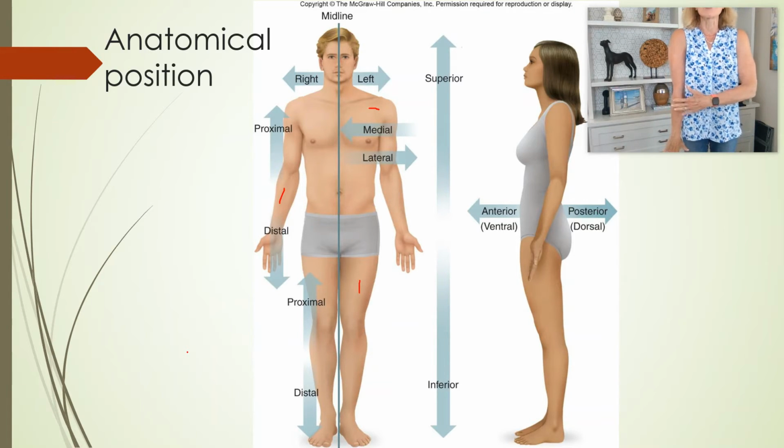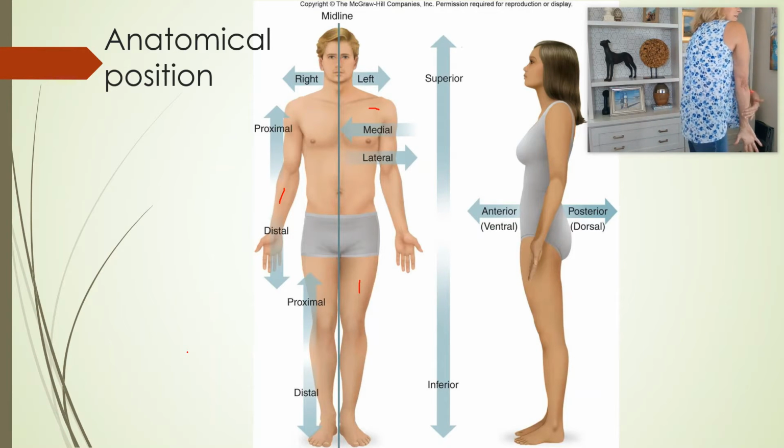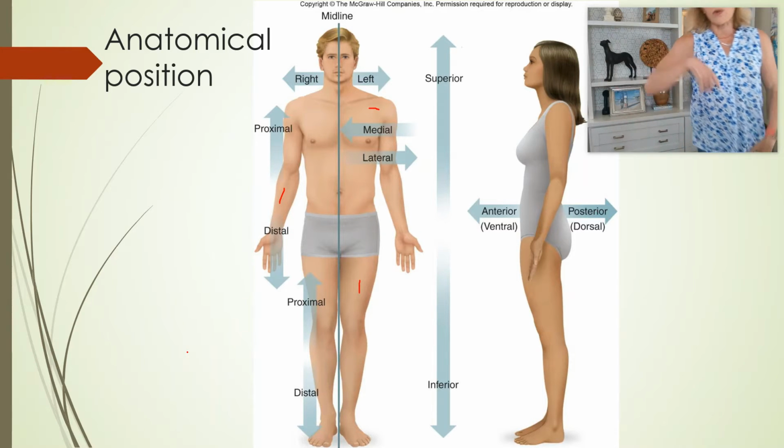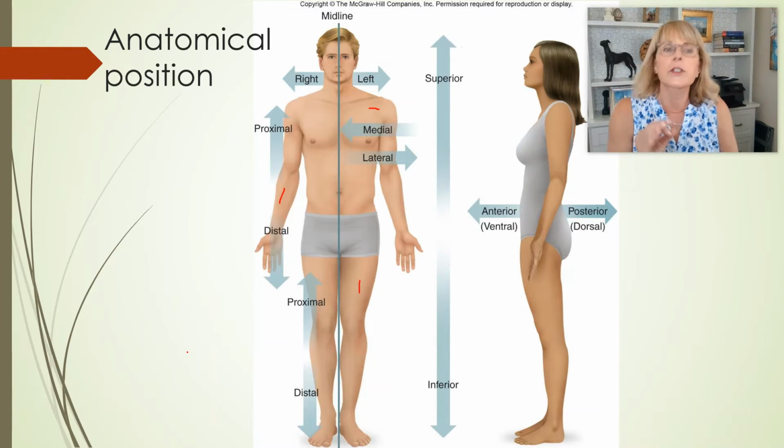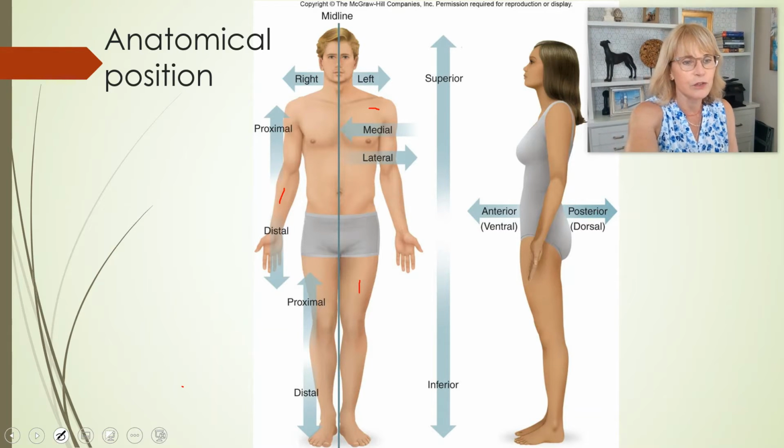So then that makes this the front of my forearm, and that makes this the back of my forearm. But that's not the way they set things up. They set things up so that the anatomical position is just like this fellow right here.